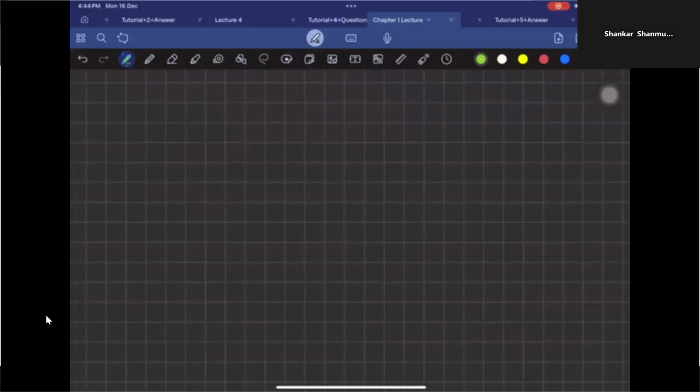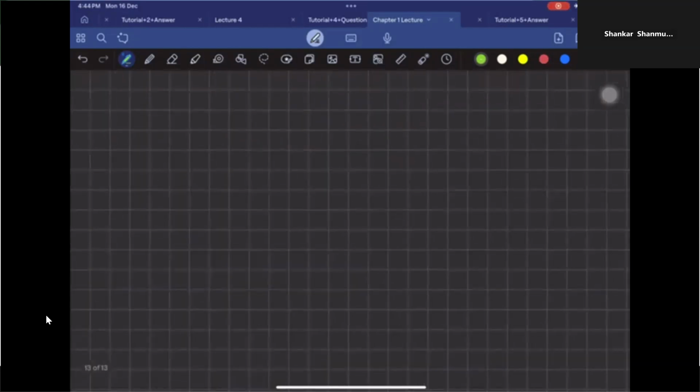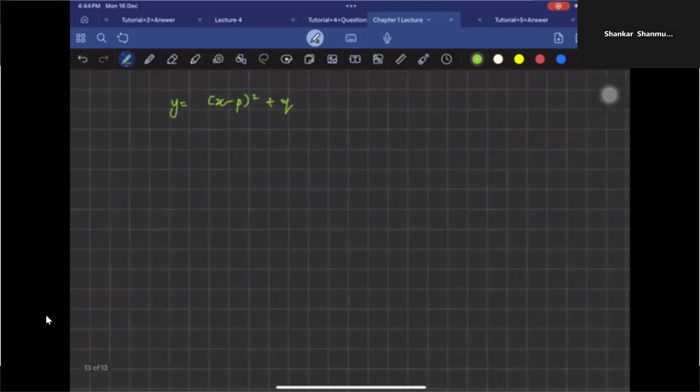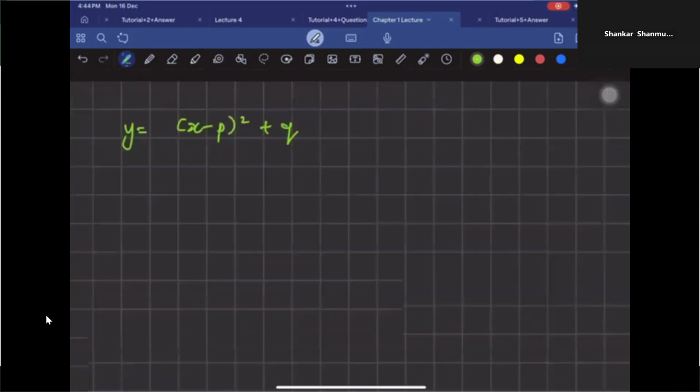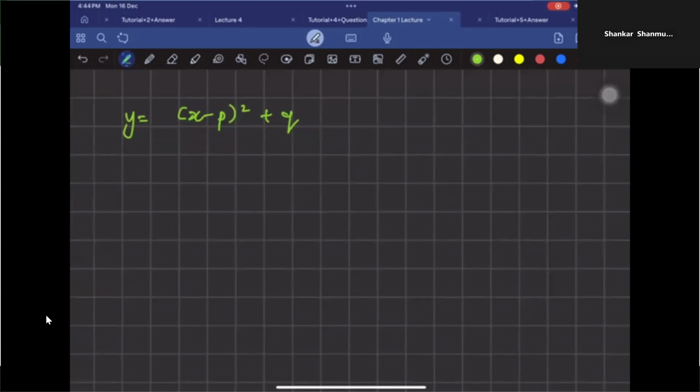Okay, now for your last question type, your equation is given in the form of y equals to x minus p square plus q. Okay. In this case, it's just a little different from what you have come across earlier.